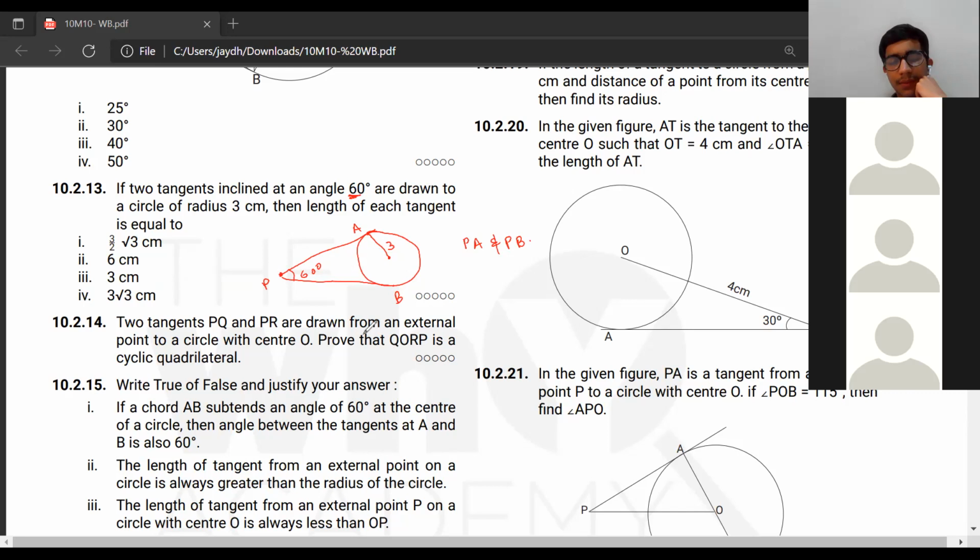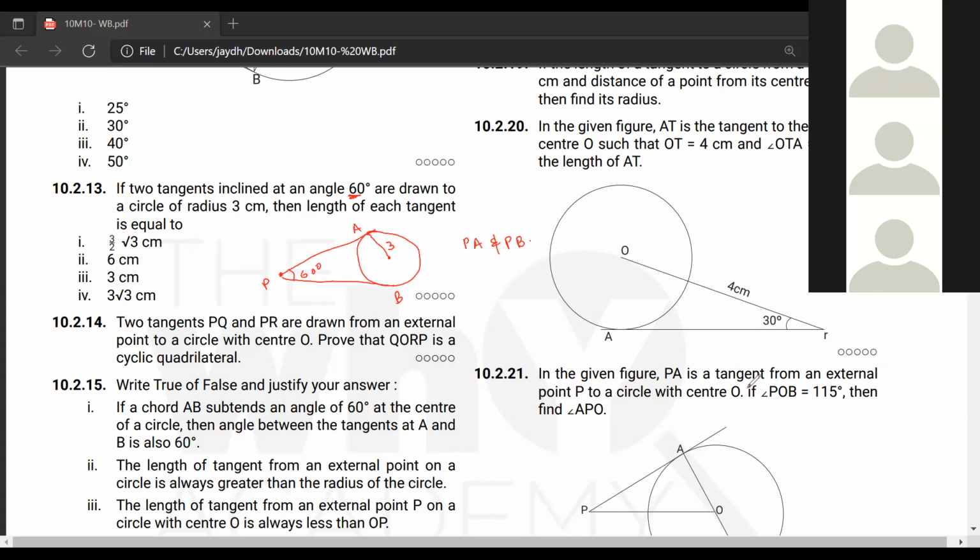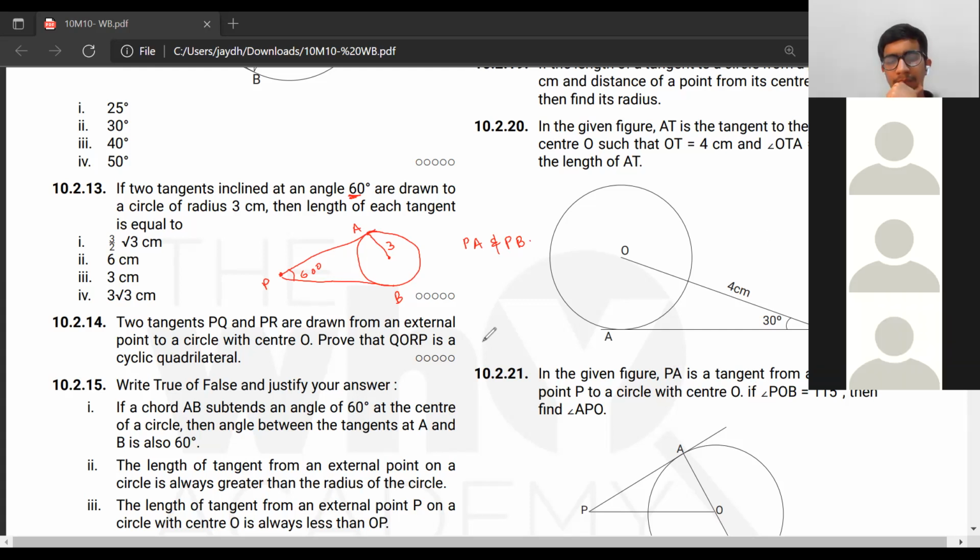So how can we do this? Anyone who wants to explain? So you can draw a line from P to the center of the circle.